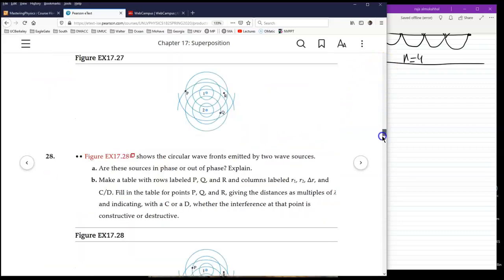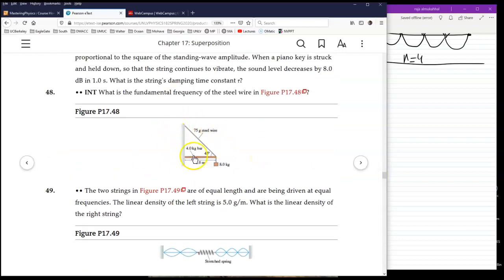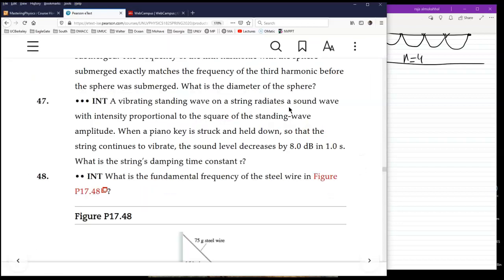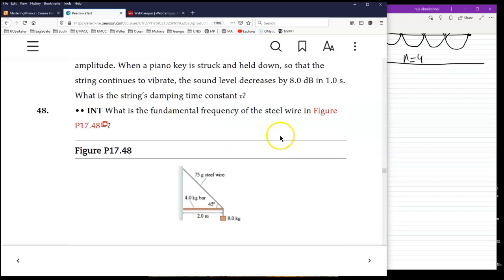So I have to scroll way down. There we go. Here's the picture right here. I'll make it a little bit bigger. Okay, so let me read the problem. Oh, it's only a one sentence problem. He said, what is the fundamental frequency of the steel wire?